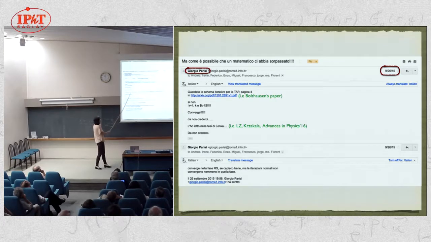I can't believe it. I just read it in Lenka's thesis, and I can't believe it. So, okay, by the authority of Giorgio Parisi, this should somehow persuade you that this is not a trivial thing to change this time index from t to t-1 or from t-1 to t-2. Suddenly things work. And suddenly this algorithm behaves exactly as the replica theory predicts.